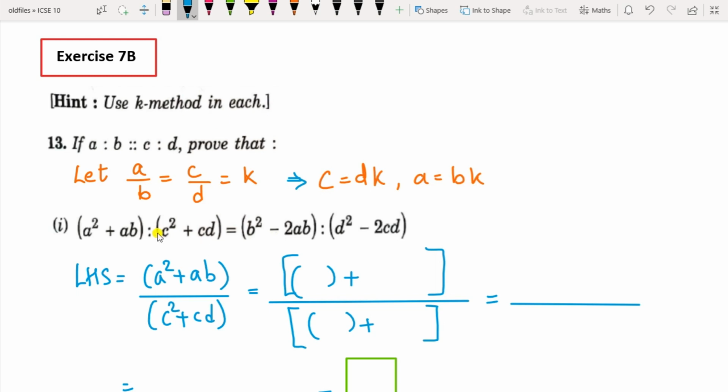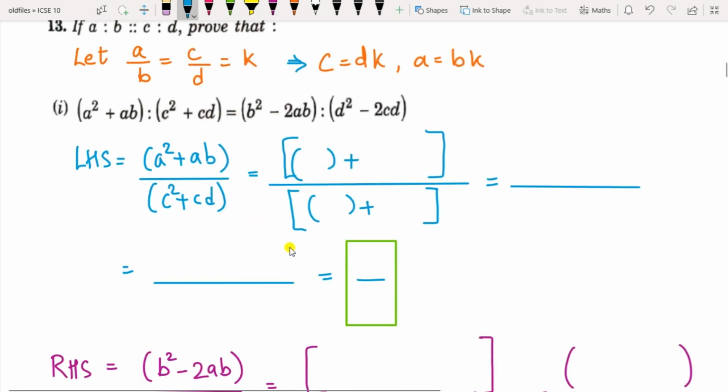Whenever it says prove the following equations, then always you have to solve the left hand side and the right hand side, and you should get the left hand side equal to the right hand side. So let us consider the left hand side here. The bracket is A square plus AB upon C square plus CD. In place of A now we have to substitute bk. So A square is bk square plus bk dot b, and dot means multiplication.